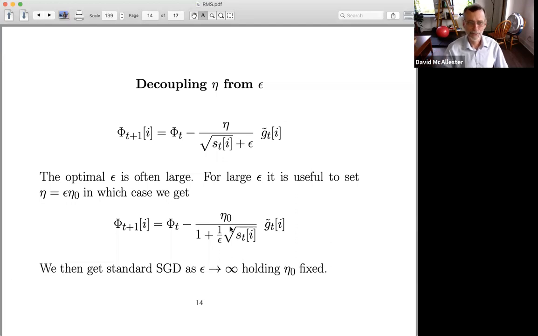So if epsilon is large, this form decouples the meaning of the learning rate parameter from epsilon. So you always want to make your hyperparameters independently optimizable. You don't want to have these strong interactions where if you move this one, you have to move that one. So this reduces the interaction between epsilon and eta.